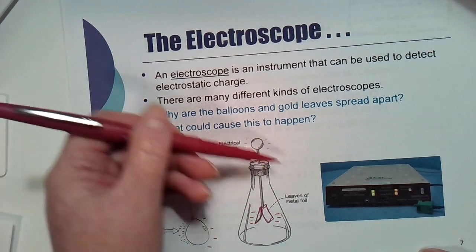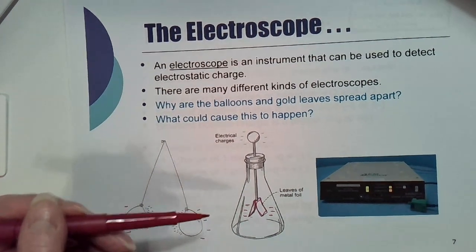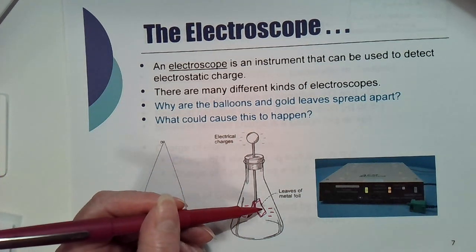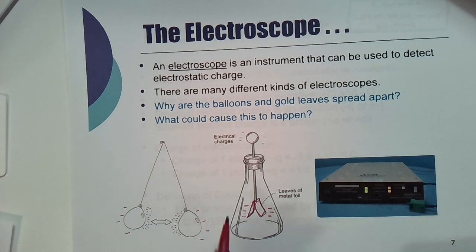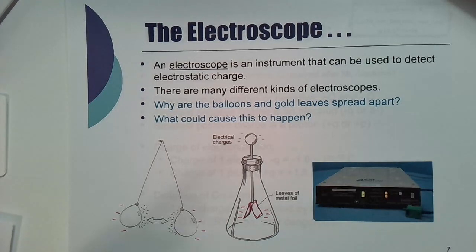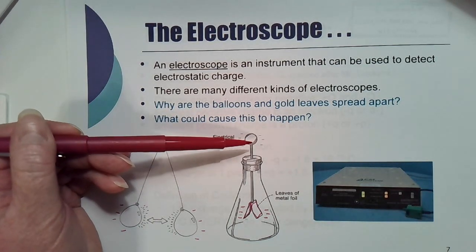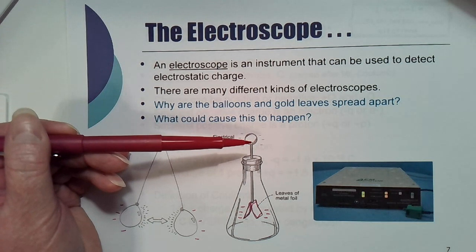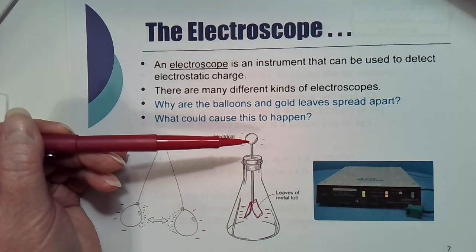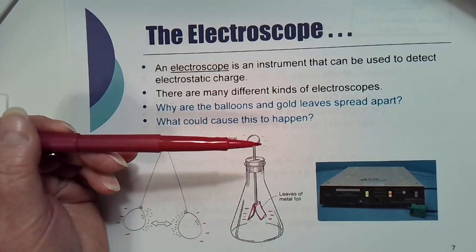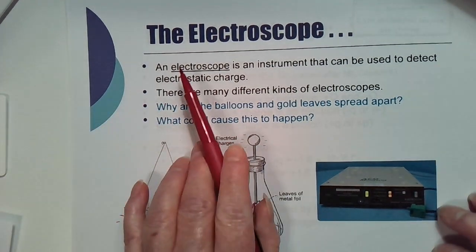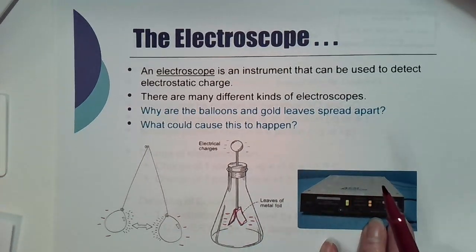That would leave this system positively charged, and these little leaves become positively charged, and they still repel because two positive charges repel also. So just by seeing the leaves repel, I don't always know if it's positive or negative repulsion, but I did prove that my pen must have been charged. So that's what electroscopes can do, and we should be familiar with that.